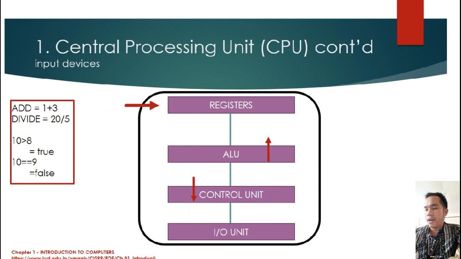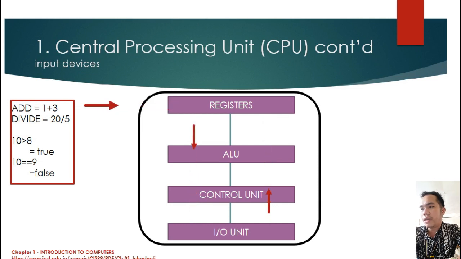If you are making or requesting for another instructions, yun ang loop niya. From instructions, give the instructions to registers. Temporarily, naka-queue yan siya lahat, nakapila. Under sa registers, it will pass now to ALU. ALU will wait for the instruction from the control unit on how to perform this instruction, what to perform, what to do.